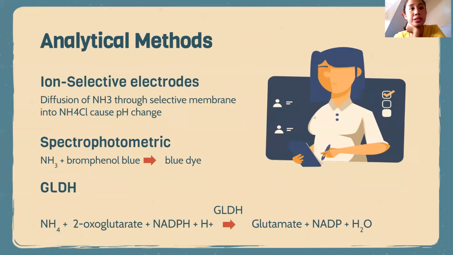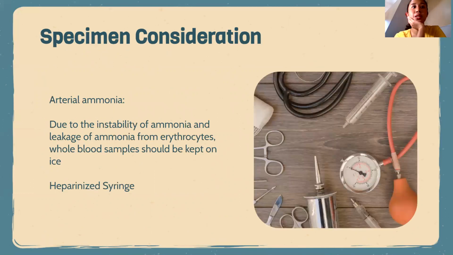So, these are a few tests in assessing your ammonia. We have ISE, ion selective electrodes. We have spectrophotometric and glutamate dehydrogenase. Okay, basta na lang. So class, arterial ammonia, so we could collect arterial blood that should be transported in cold, in ice.